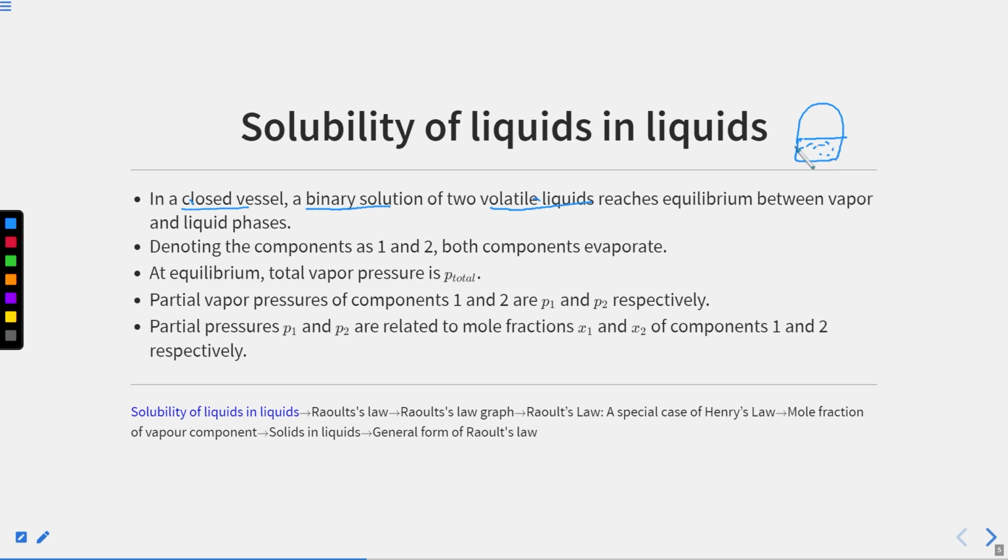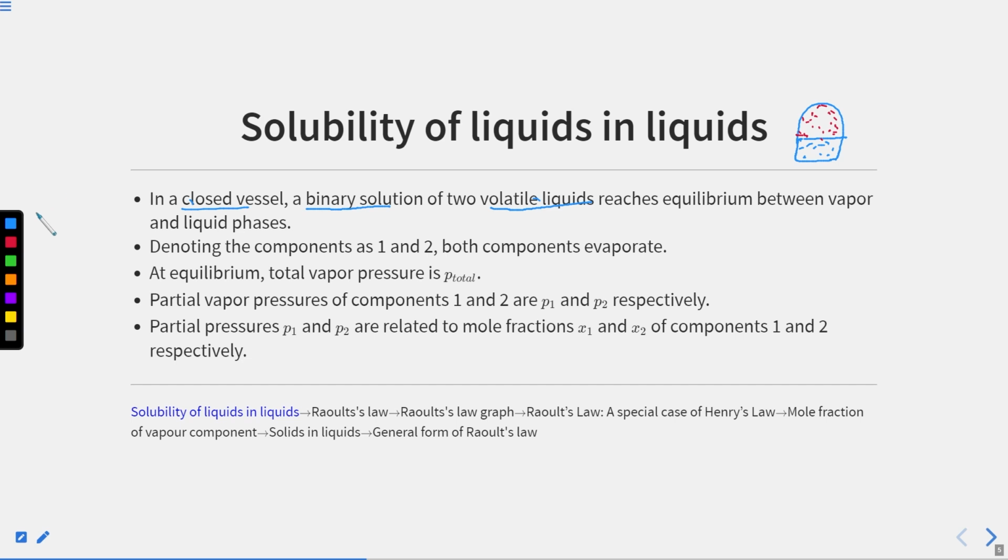Now this will form vapor, and it will be present everywhere above the solution, captured by the walls. There will be an equilibrium between both these phases. Some of the liquid will go to the gas phase, and some of the gas will go to the liquid phase.